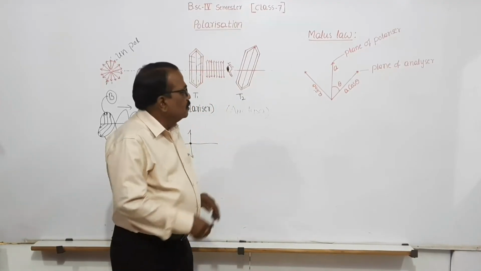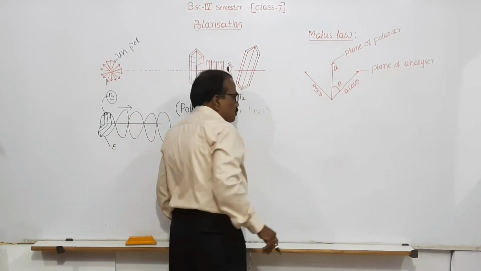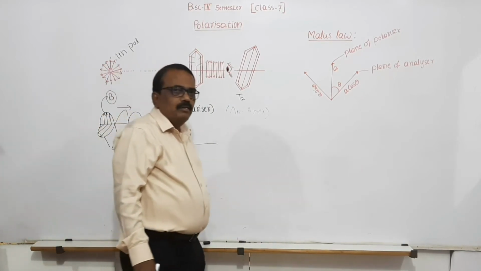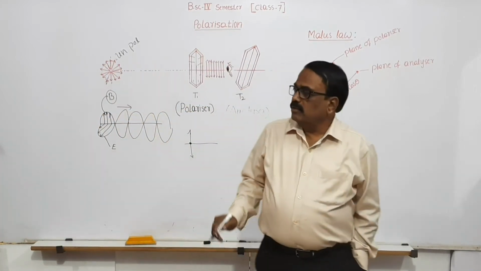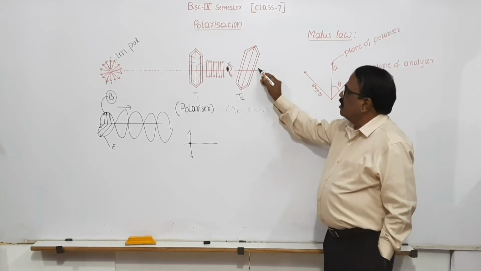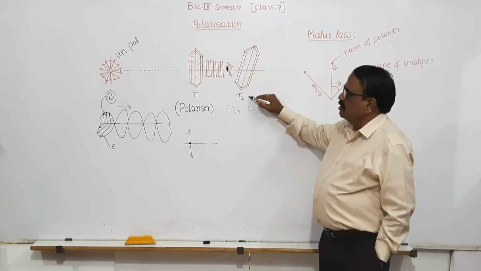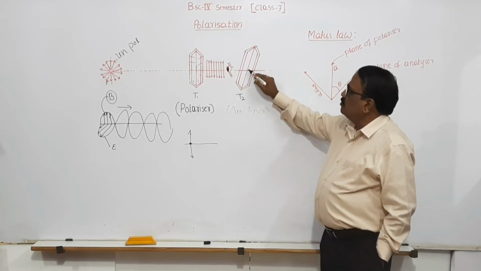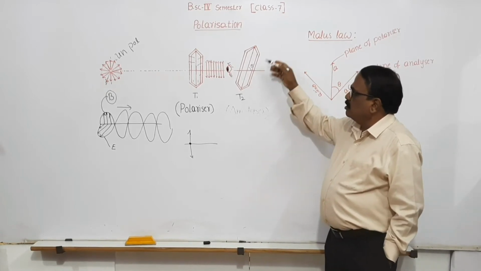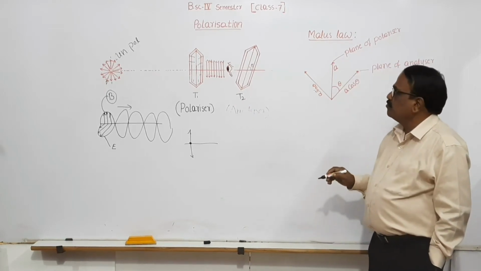Now next we have to study what is Malus law. Malus is the name of the scientist. He showed how the intensity of the light coming out from the analyzer varies with the angle made by its plane with the plane of the polarizer.